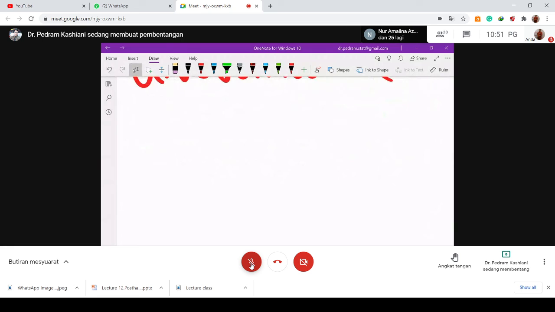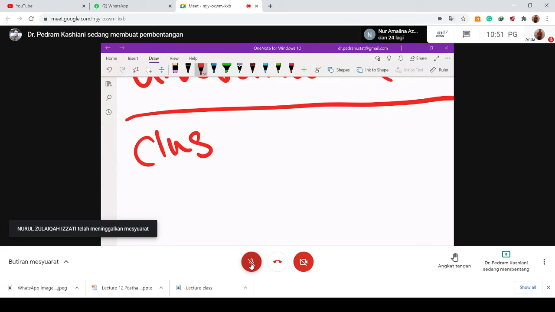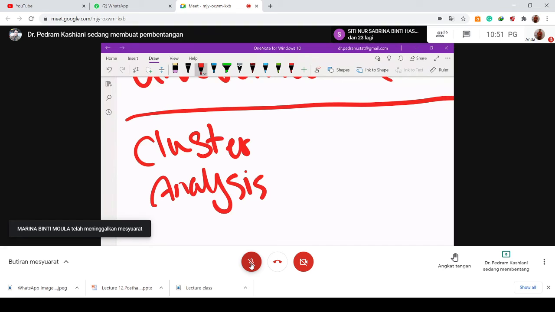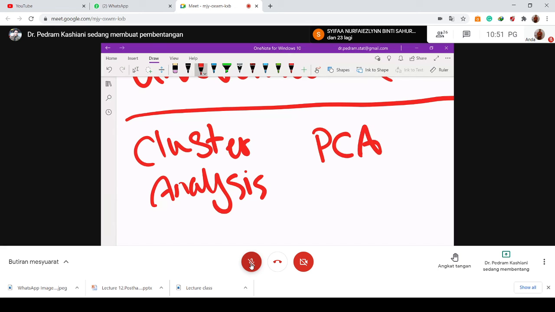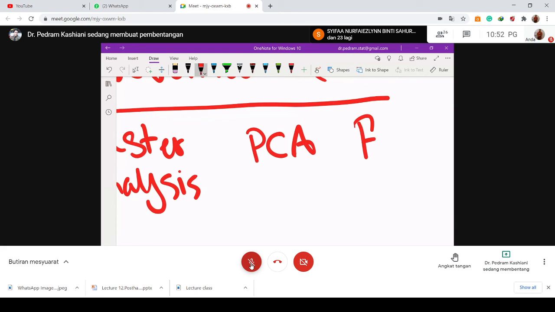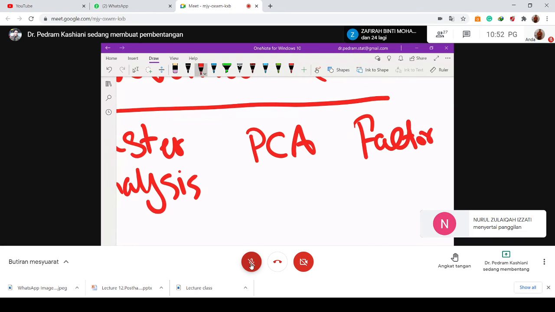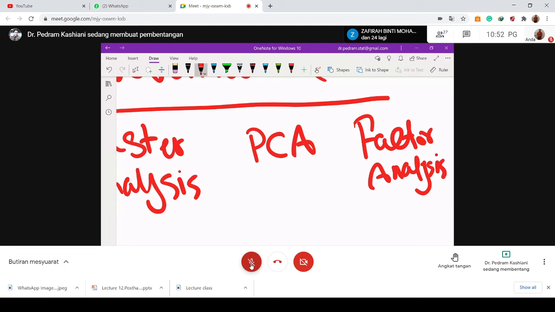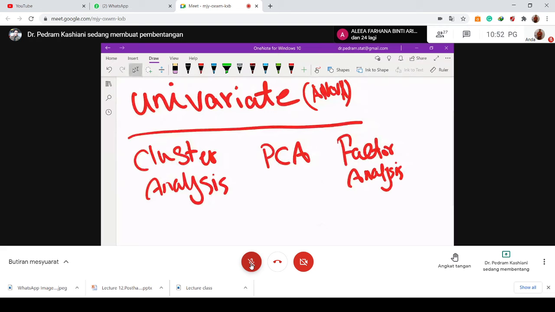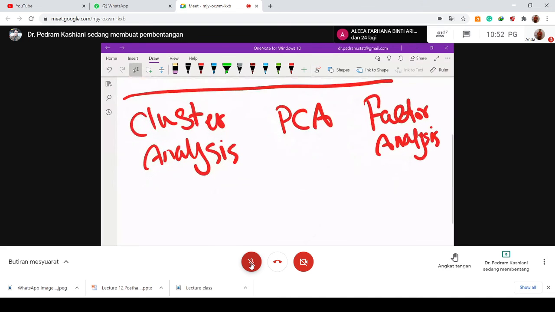Then we discuss these three: cluster analysis, principal component analysis, that I call PCA, and factor analysis. These three things are very, very similar.